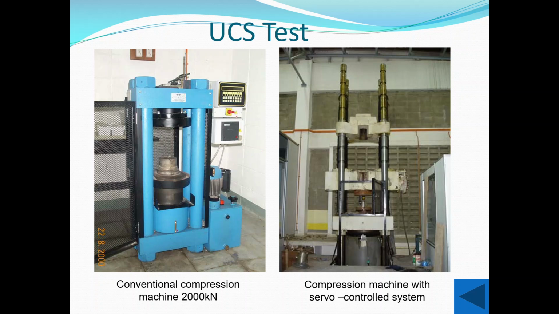So this is the machine for the UCS test. Normally you can use a compression machine, but a compression machine with a servo control system like this is much better.